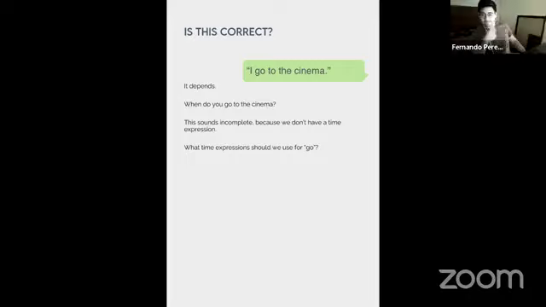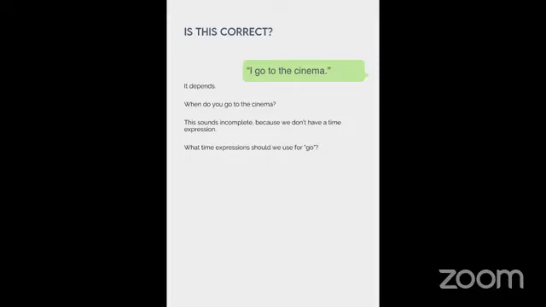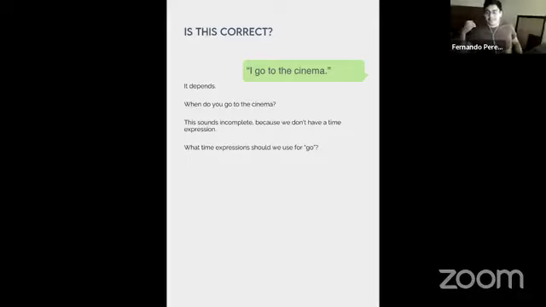Help us, guys. What time expression should we match with the verb go? Because if I say I go to the cinema, when do you go to the cinema? Now? That's precisely the previous example. It's impossible to say I go to the cinema now.